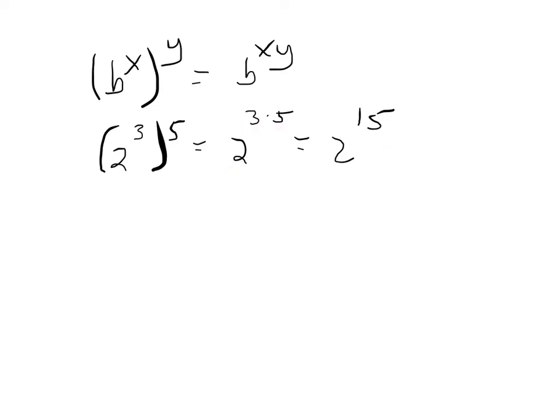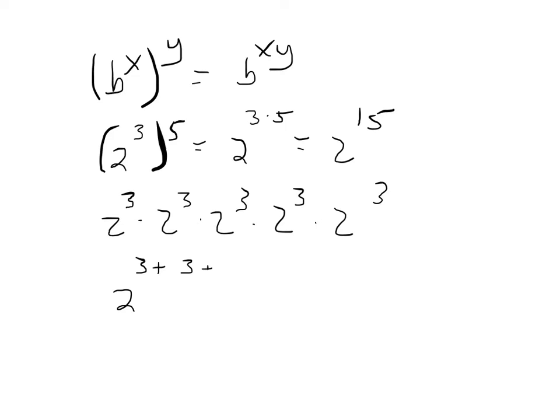That should make sense, because if you look at 2 cubed to the 5th, that's going to be 2 cubed times 2 cubed times 2 cubed times 2 cubed times 2 cubed. And then if I use my previous rule, where I add exponents, that would be 2 to the 3 plus 3 plus 3 plus 3 plus 3, which would equal 2 to the 3 times 5, because there are 5 3's, which equals 2 to the 15th.